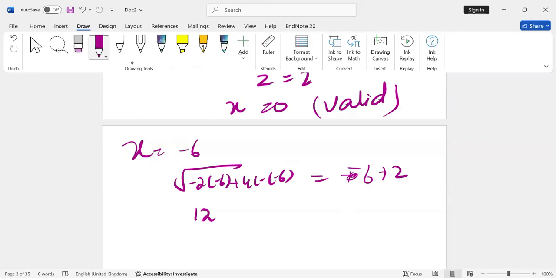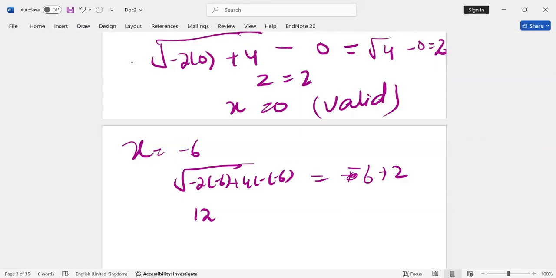Okay, we have the 4 and we have plus 4, plus 4 and plus 6. That is equal to 6 plus 2.